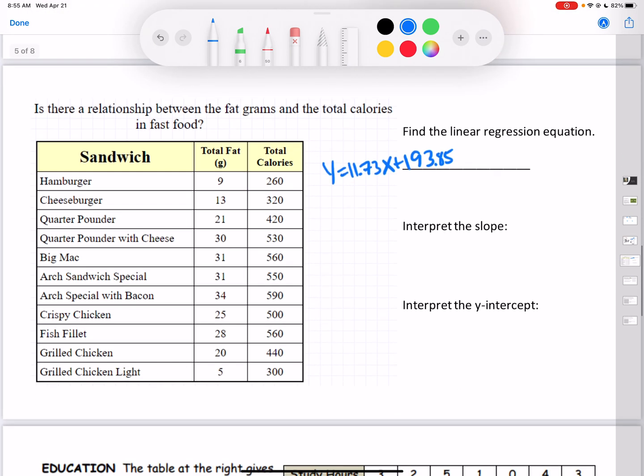Okay, so as we go down here, we already calculated this using the calculator function. So we have our slope and our y-intercept. This one is going to be represented in my L1 and my L2. So total calories are going to be my y. So that's change in L2 over change in L1.